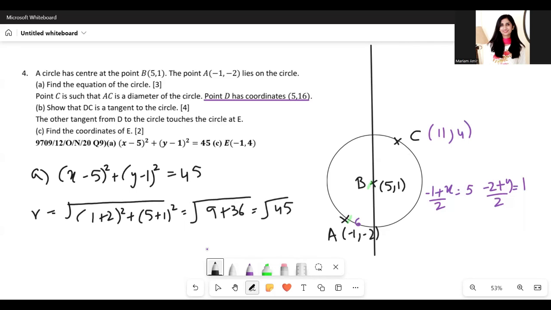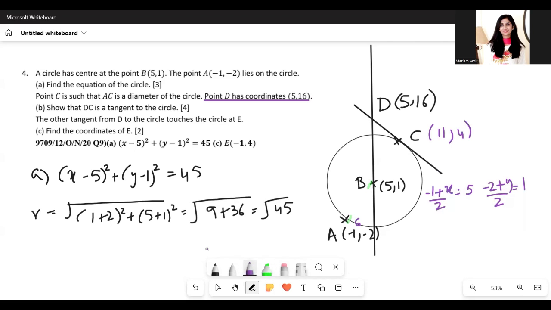Now, show that DC is tangent to the circle. So let's say D would be somewhere over here, (5, 16), outside of the circle. And we have to show that this is the tangent to the circle.